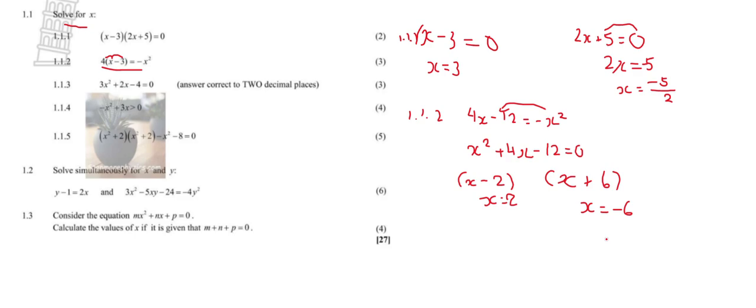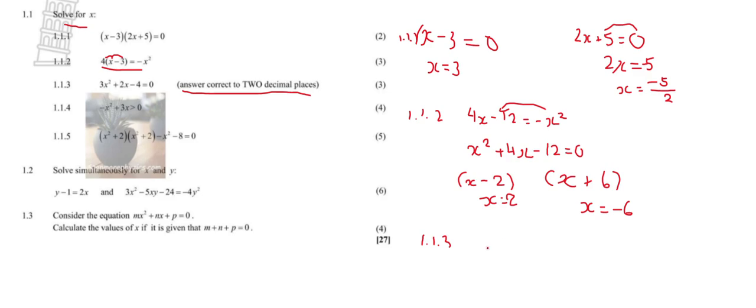Now once you're done with that, 1.1.3. The good thing about 1.1.3 is that once you see answer to 2 correct decimal places, your quadratic formula must come to mind. Your quadratic formula is always given in the data sheet behind your paper.